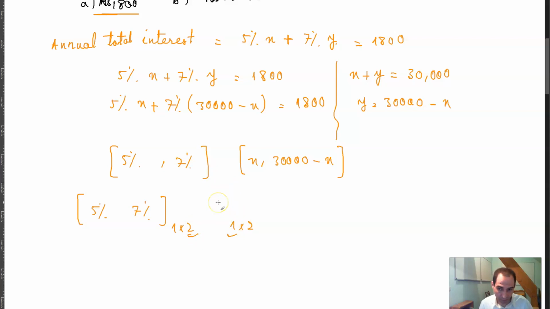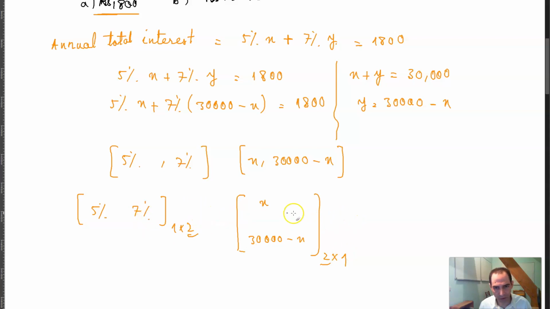So that means that I have to use a column matrix for the second one. I write the second matrix as x and 30,000 minus x as a column matrix, and now I have a 2 by 1 matrix. Now this 2 is equal to this 2, multiplication is defined, and this gives me a 1 by 1 matrix.